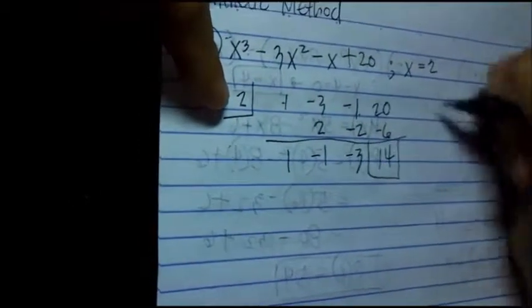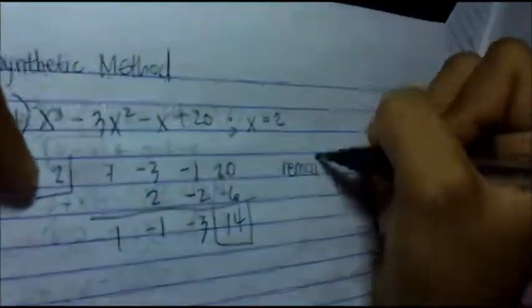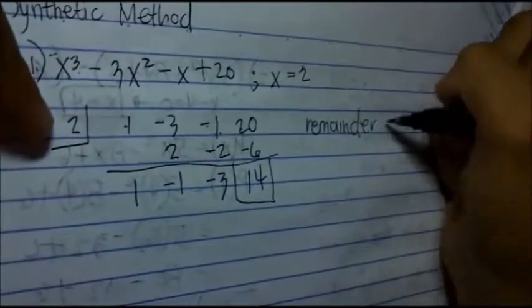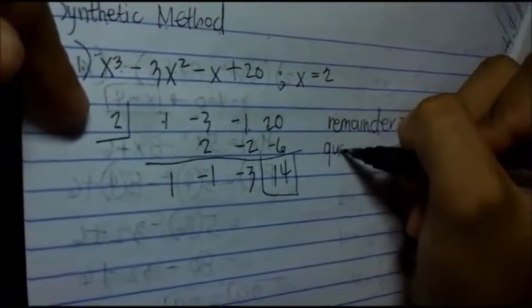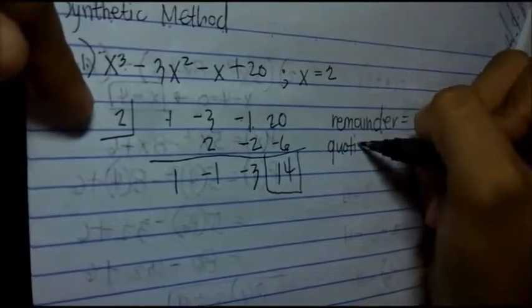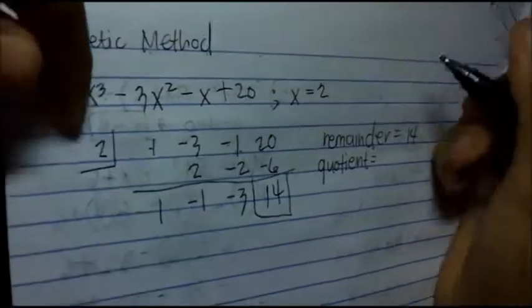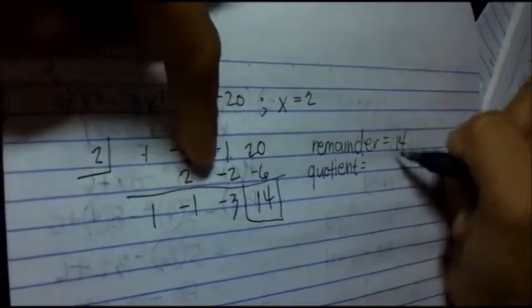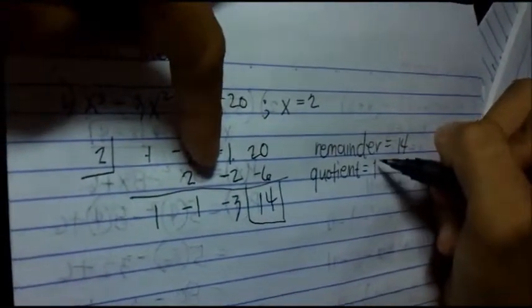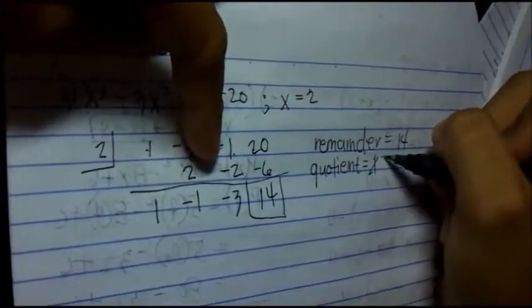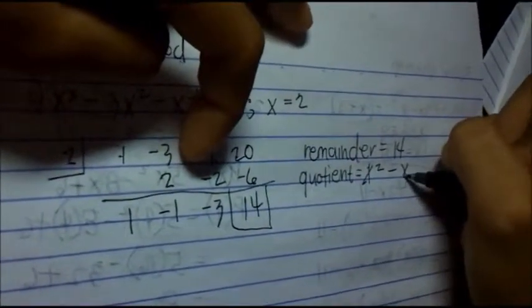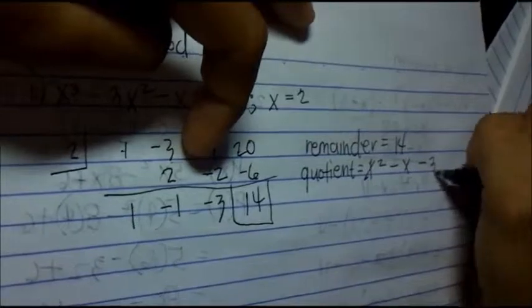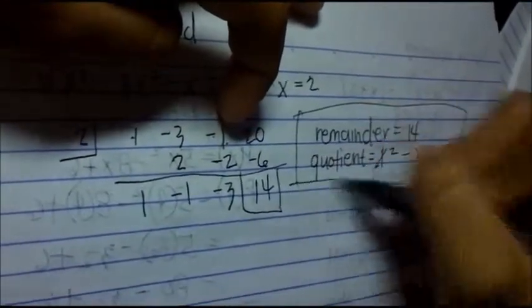So our remainder is 14. Then our quotient is x squared minus x minus 3.